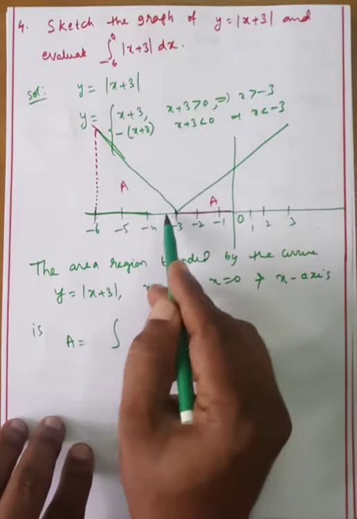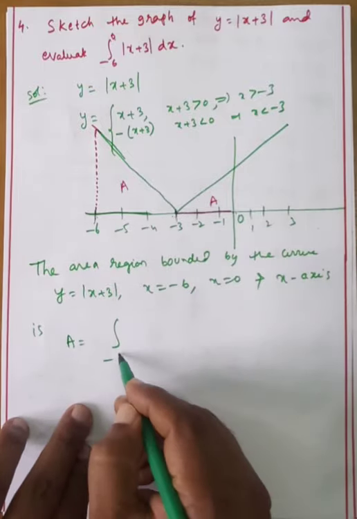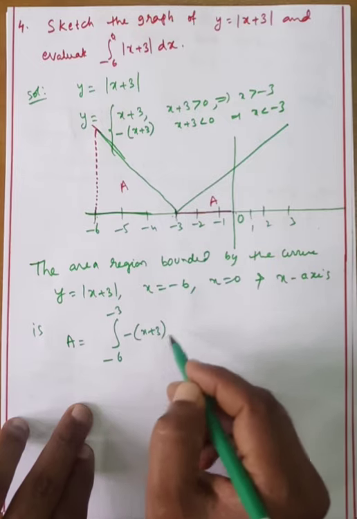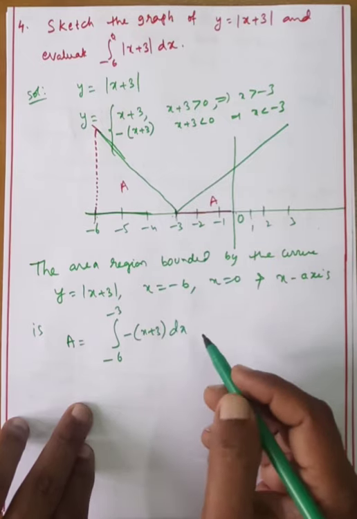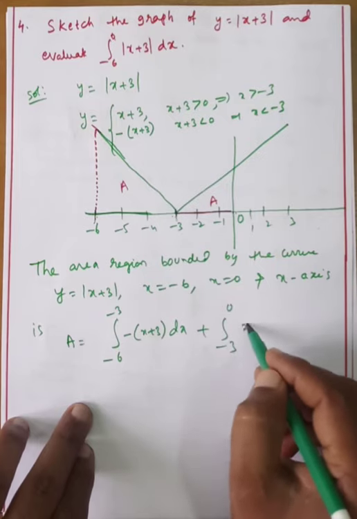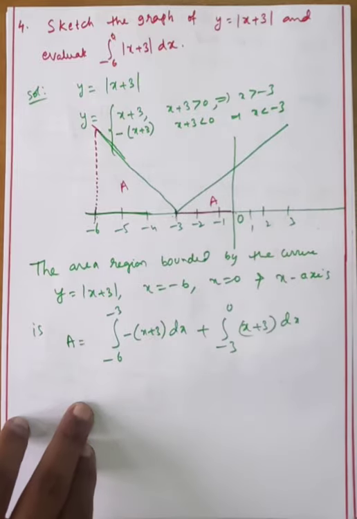Here minus 6 to minus 3, 100% left side, that is negative, clearly less than minus 3. Minus 6 to minus 3, this is minus of x plus 3. Okay, plus minus 3 to 0, 100% positive, right side. Whenever modulus is given, we will take the positive or negative.